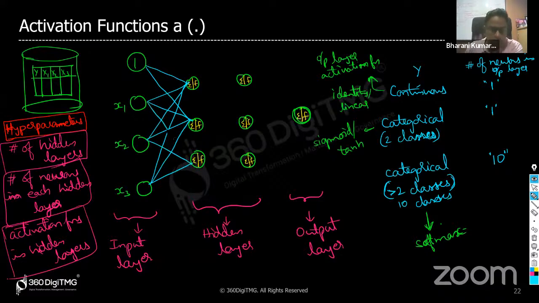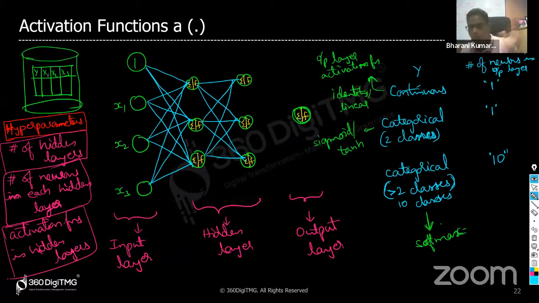Every neuron will be connected to every other neuron in the forward direction, and then finally you get an output.